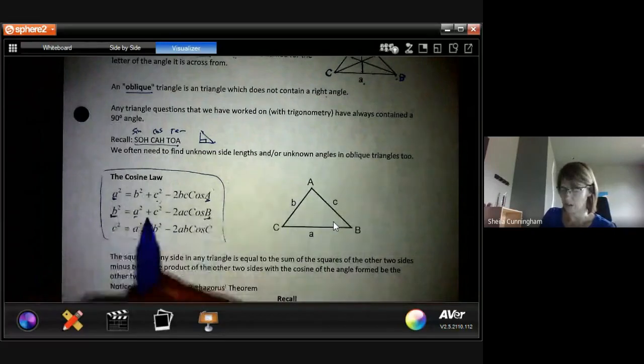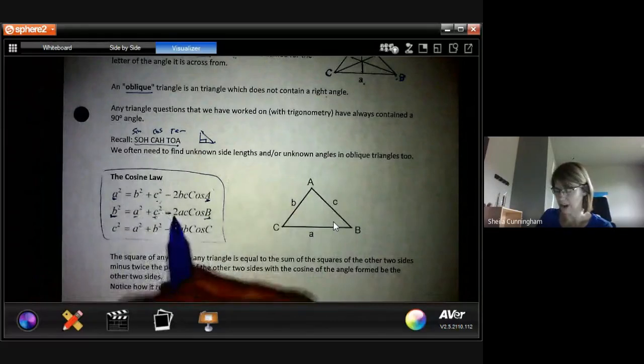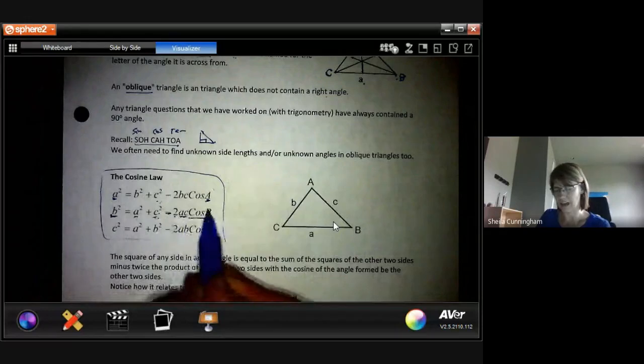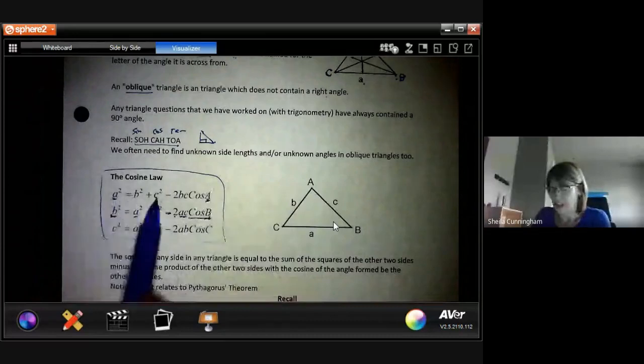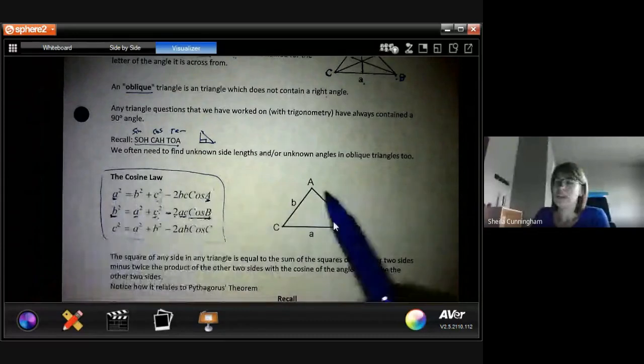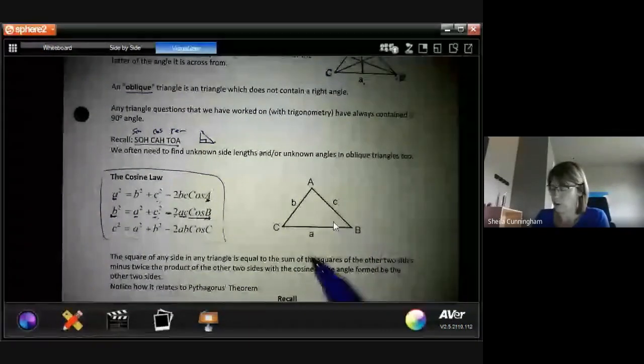Then the other two side measures are going to be squared and added together, and then you subtract 2 times those same two side measures multiplied together with the cos of the angle B. Now, these are A, B, and C, but it doesn't matter how your angles are labeled. You just have to make sure that their corresponding sides match up.